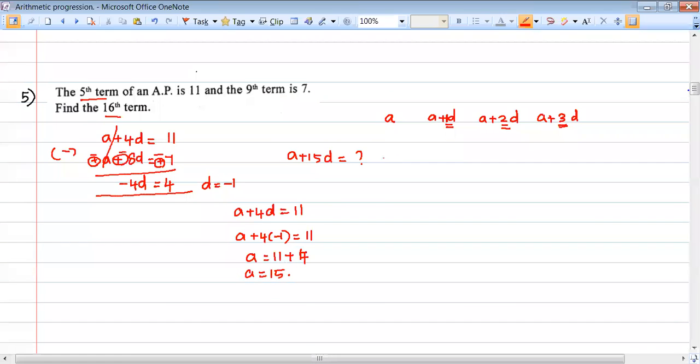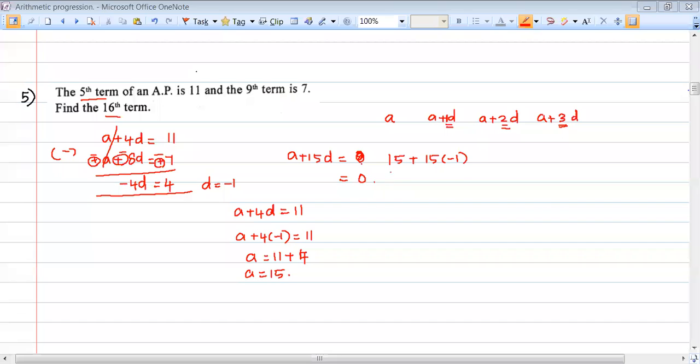Now substitute here: 15 plus 15 into minus 1. So the answer for this question is 0.